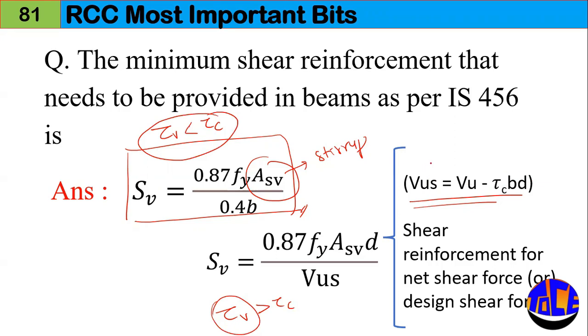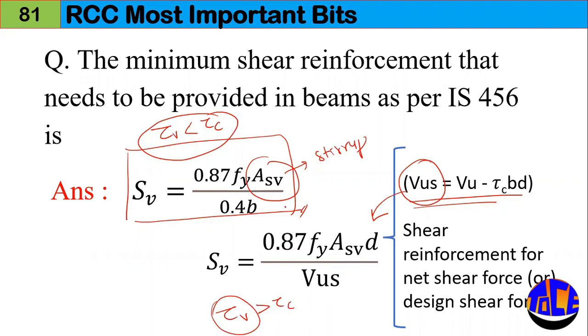For this excess or net shear force, you need to provide the shear reinforcement using this equation, that is 0.87 Fy ASV into D by VUS.